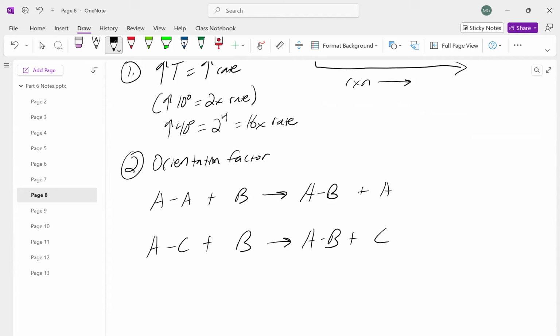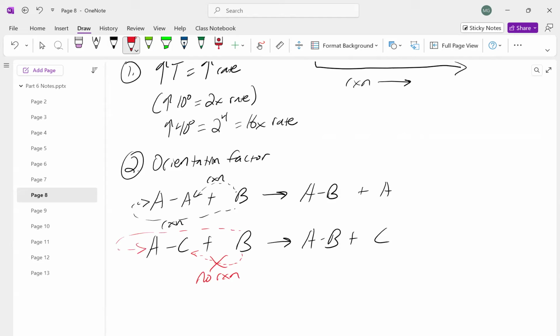So in this reaction, in order to make AB, a product, B has to collide with an atom of A. So in the top reaction, it could do that by colliding with this. That results in a reaction. Or it can collide with this. That results in a reaction. But in the second one, if B collides with this molecule from here, that's not going to result in a reaction.